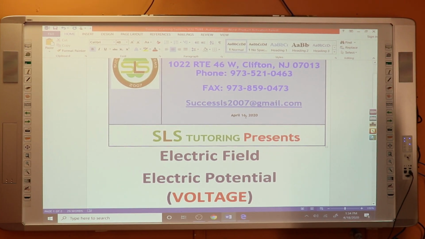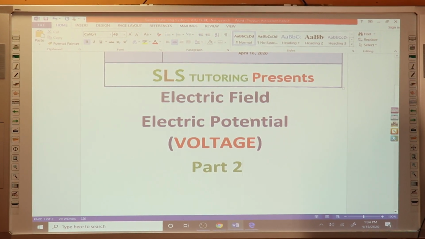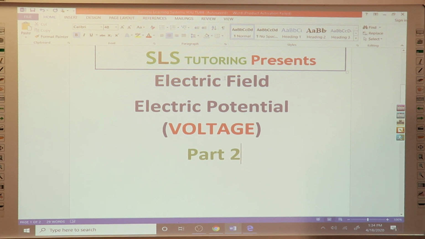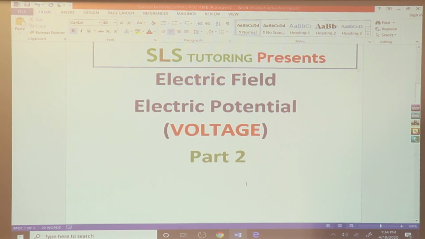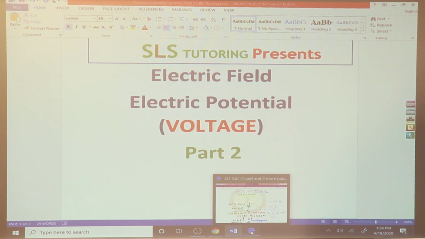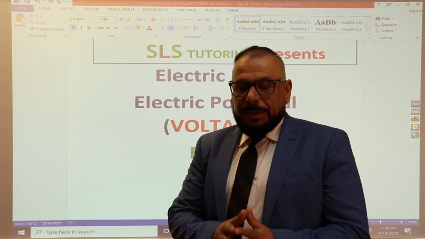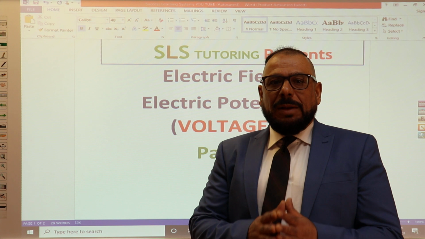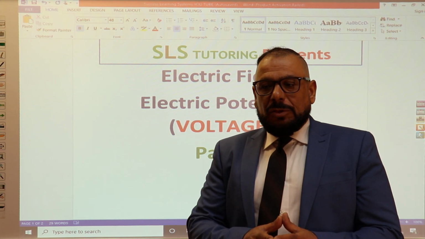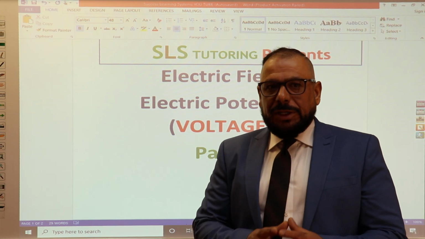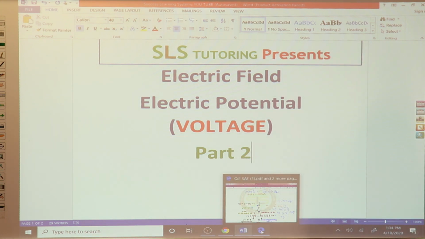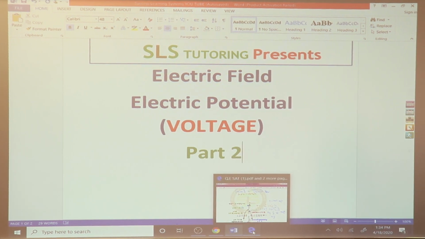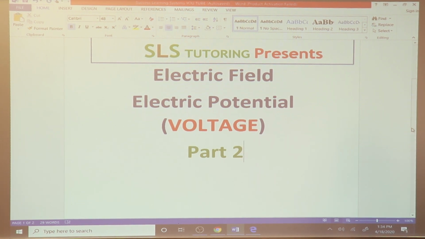Today is 17 and 30. Then we're going to discuss electric field, and electric potential, which is the same as voltage, which is the second part. In the third part, I will solve problems to make the concept more clear for you guys. Let us start.